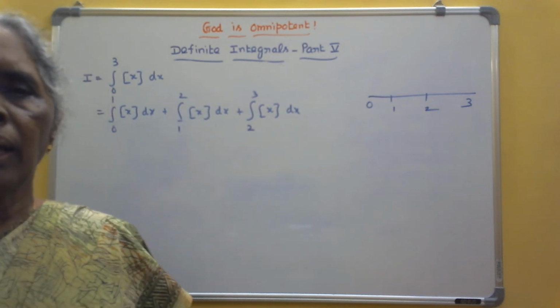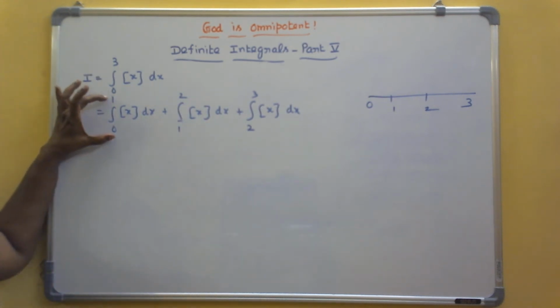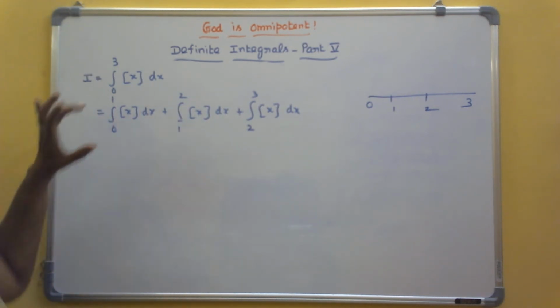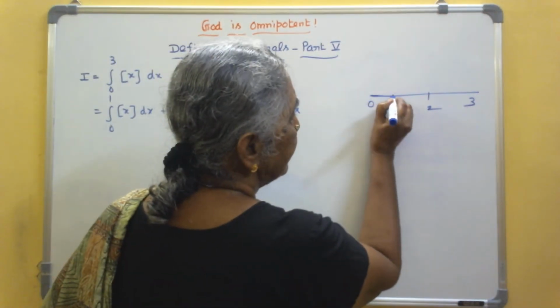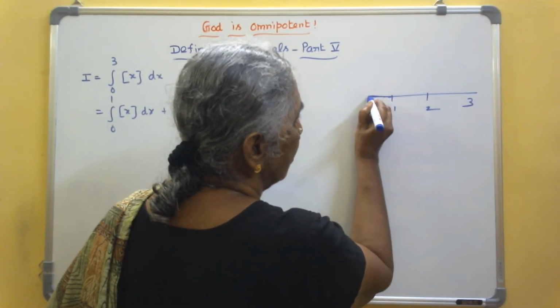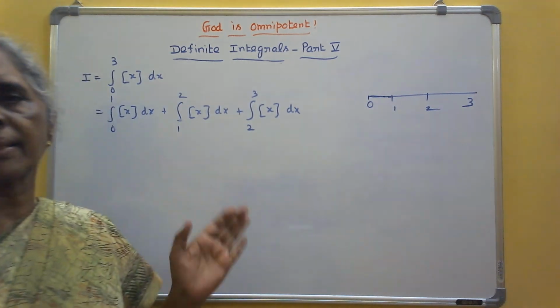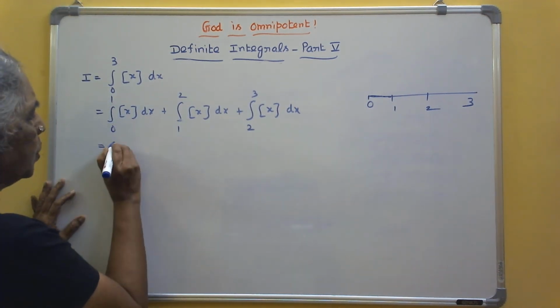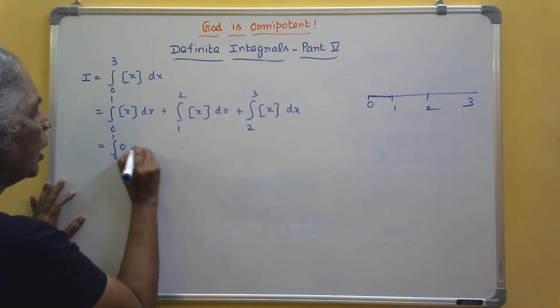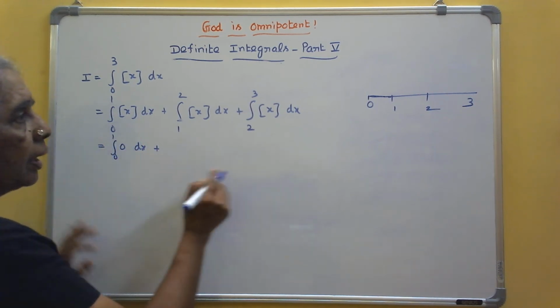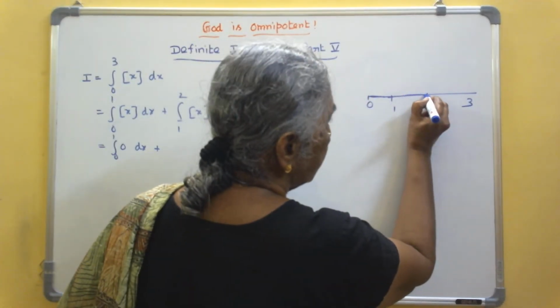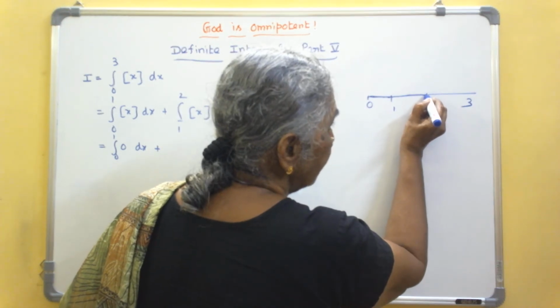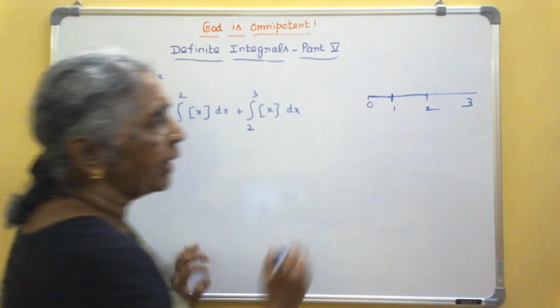Now, when you consider 0 to 1, whatever you choose here, 0 will be the greatest integer. So, for the first one you will be getting 0 dx. When you consider 1 to 2, whatever you get before that, the left-off, that is 1.